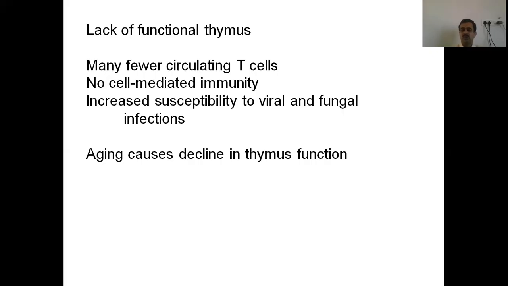So, the maturation of T cells, which takes place inside the human body, will not be there, and therefore a patient may suffer from a large variety of viral and fungal infections. Now, as we grow older, as our immunity is being set in a particular manner, the function declines. The functioning of the thymus will decline as we age.